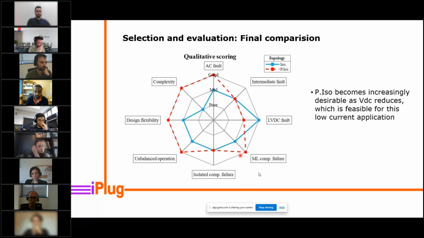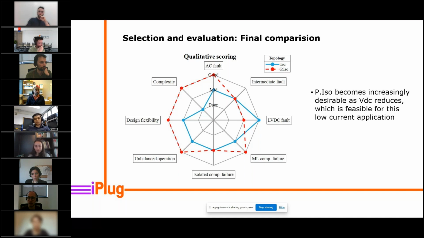Qualitatively, we could say that if the DC link voltage level can be reduced, the soft open point solution with a DC link, where the DC link is low and having an isolation between, is a solution we go for. And these are some key figures we could use to motivate why that solution. So we have analyzed or reviewed all the topologies.